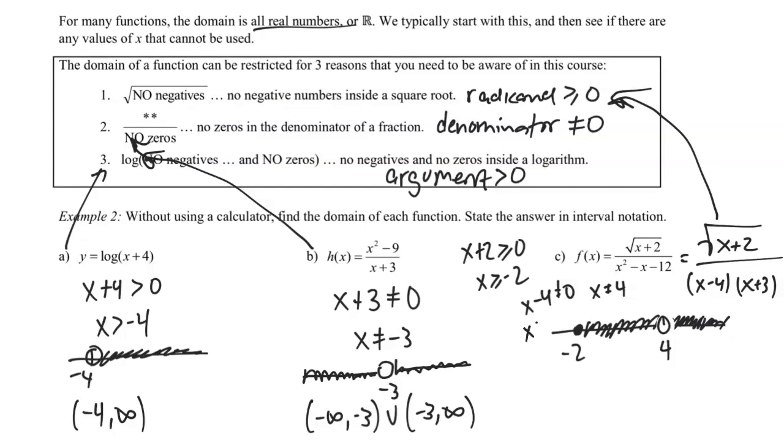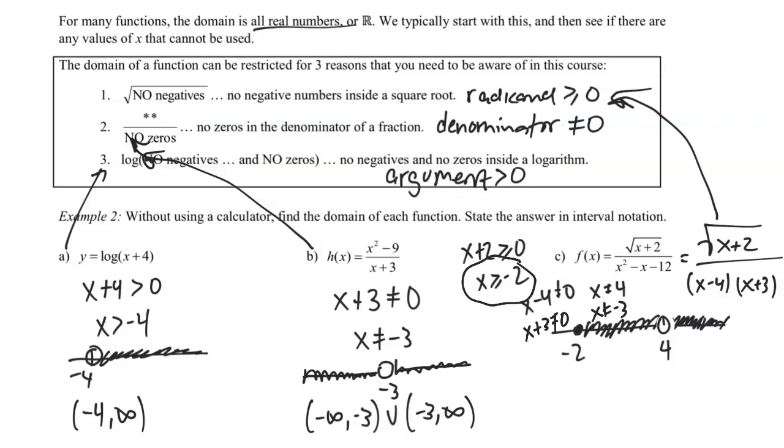And so if x plus 3 cannot equal 0, that means x cannot equal negative 3. But notice, x wasn't going to be able to be negative 3 anyways because of this restriction right here. So that restriction sort of gets superseded, if you will, by the radicand restriction that we had earlier.